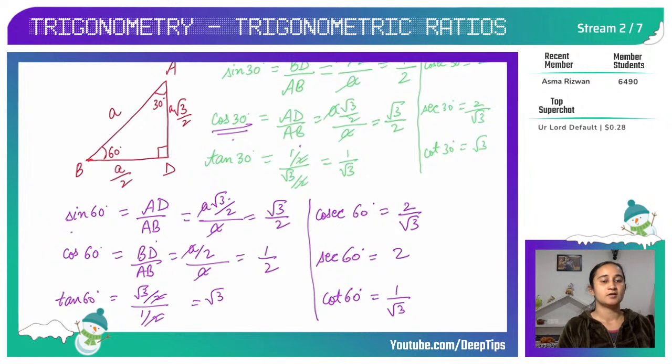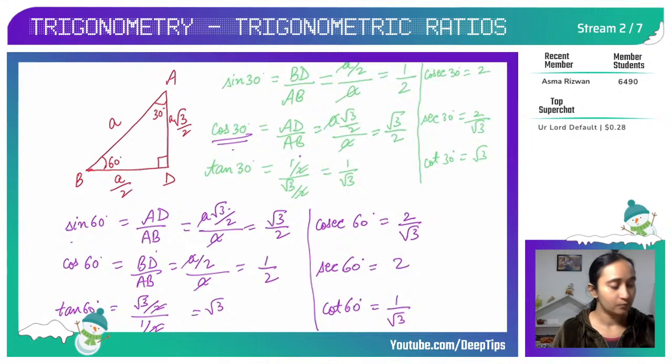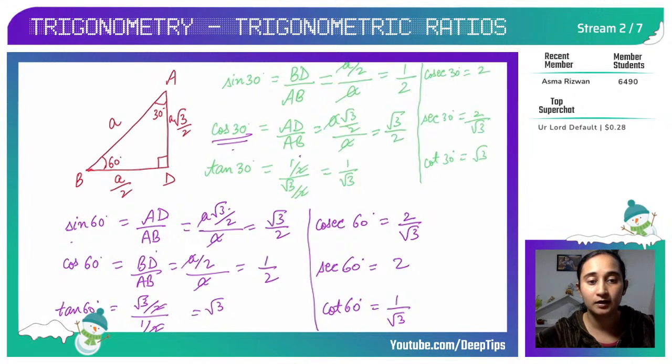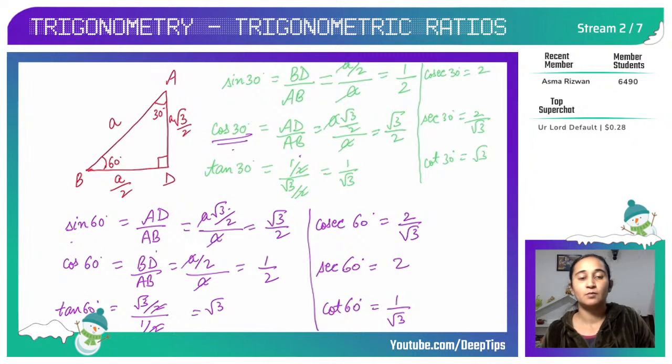So these are the trigonometric ratios which are very, very important, and I hope you are clear with the proofs also, how they are derived from a right angle triangle and from an equilateral triangle. Okay, so now let's move on to 0 degree.